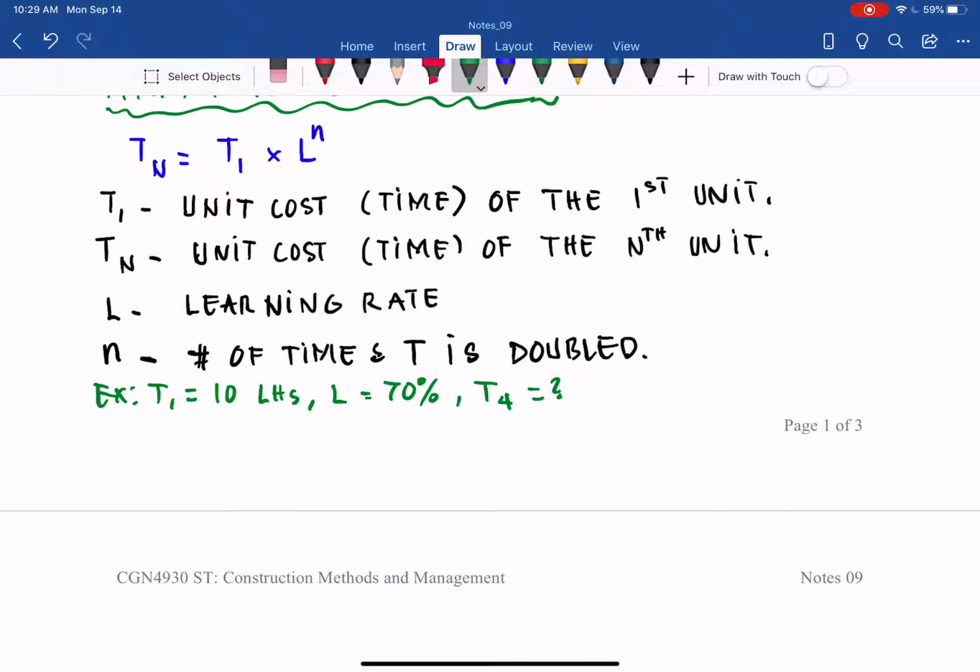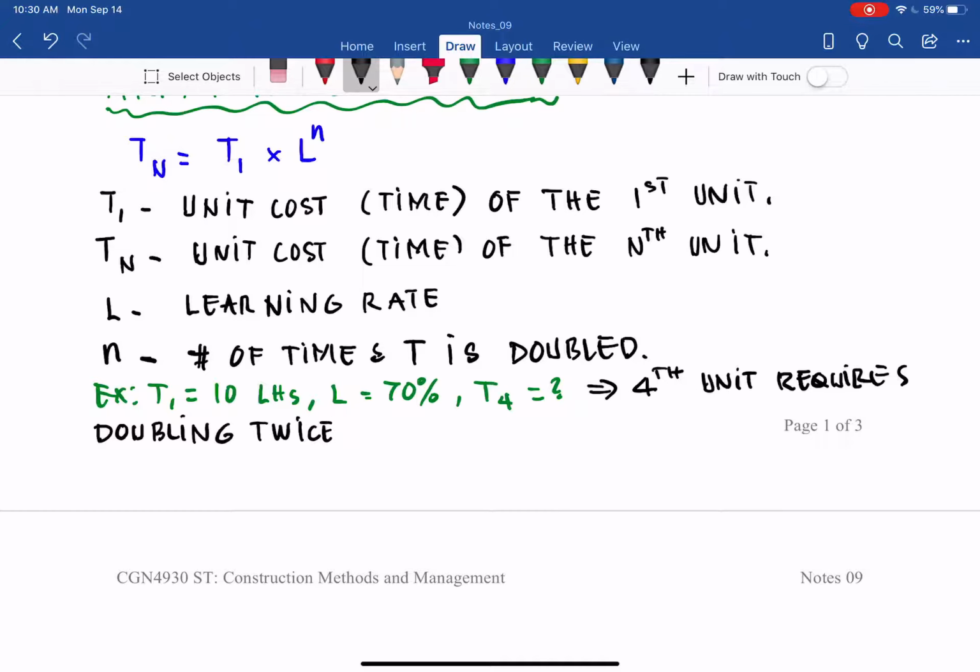With that, as you can see, the fourth unit requires doubling twice, as I mentioned earlier. Why? You have 1 to 2, the first doubling, and then 2 to 4 is the second doubling.